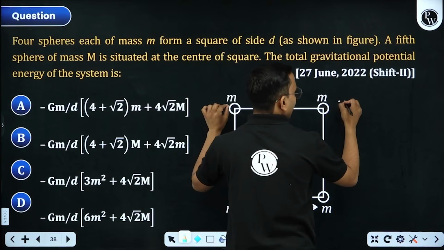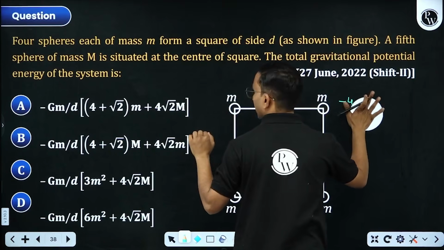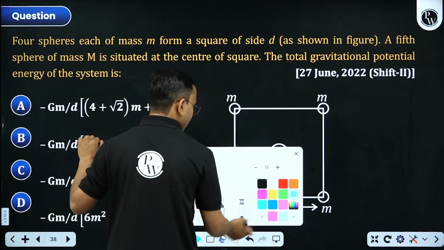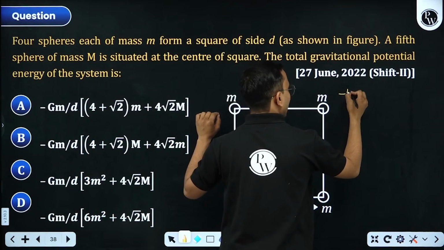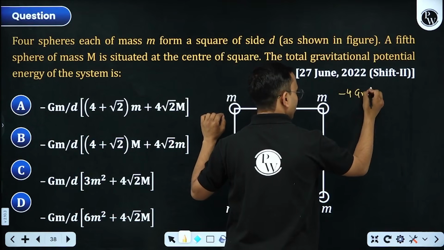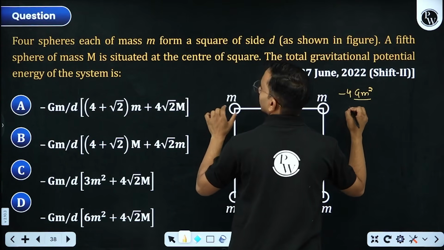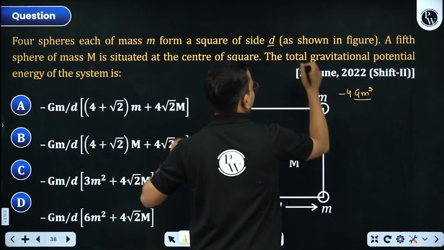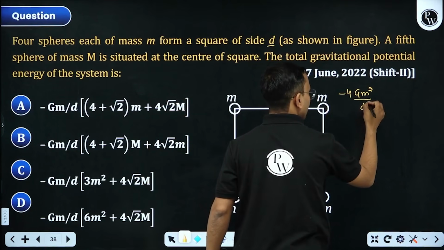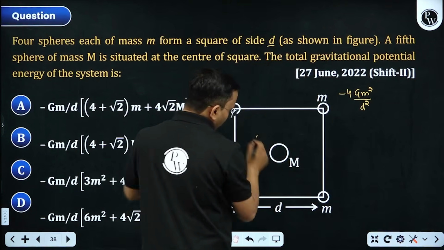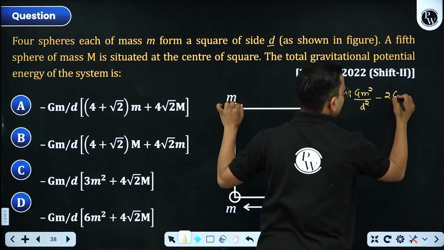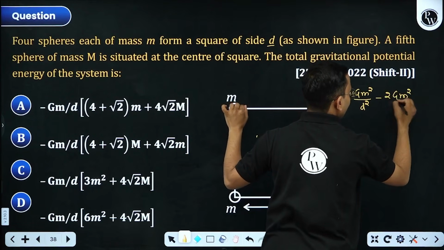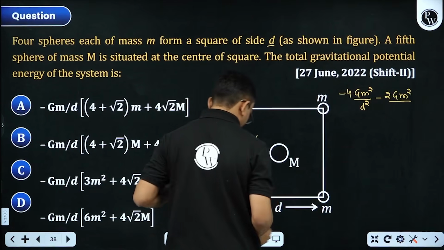So it will become minus 4 times Gm square divided by the distance between them. The side is d, so d. Oh, I made a mistake.